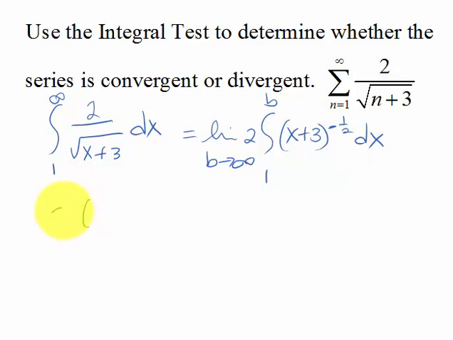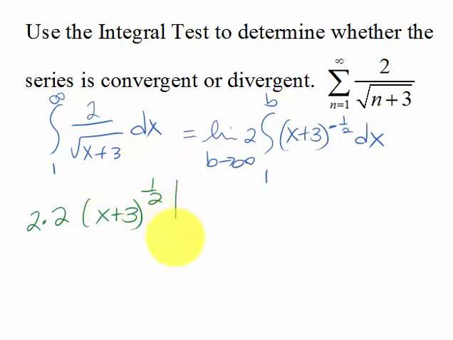So that's going to be, we still have the 2, and we're going to have x plus 3 to the one higher power, which would have been a 1/2, and that 1/2 would have come out in front, but here we see a 2 out in front, so we must have had another 2 there, so that when we bring that half out in front, it will cancel with this 2 and leave us another 2. Now thinking of the chain rule, the derivative of what's inside is 1, so we're okay there.